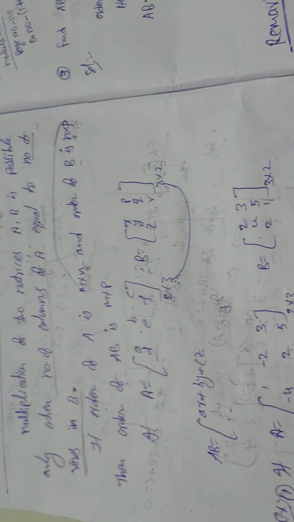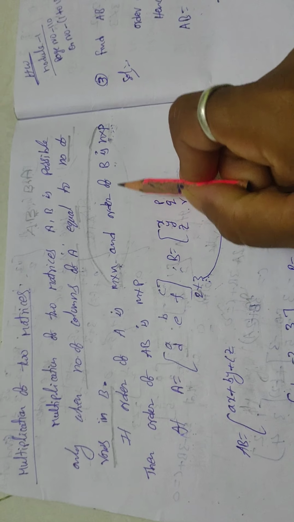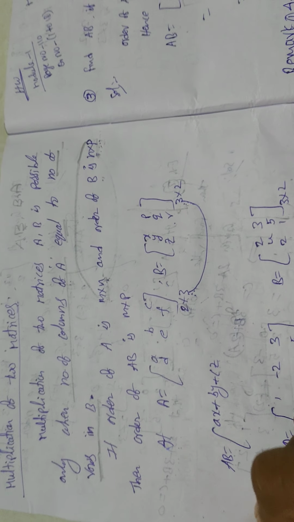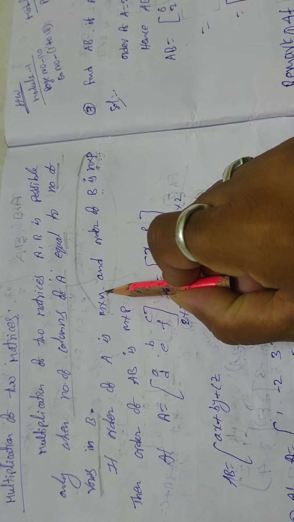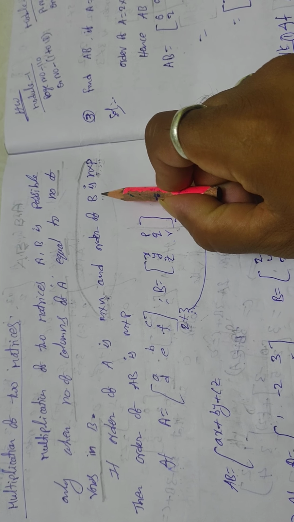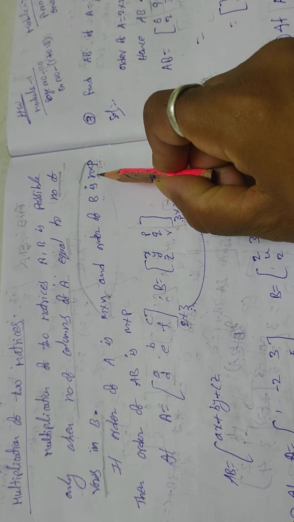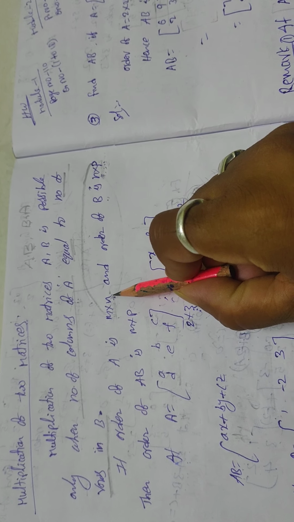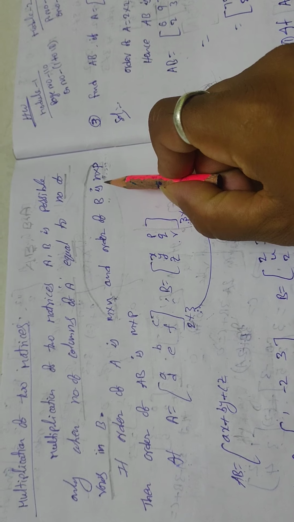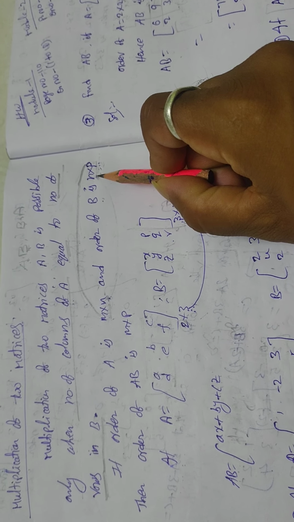I will explain. See here, if the order of A is m by n and the order of B is n by p, the number of columns in the first matrix A is equal to n, and the number of rows in the second matrix B is n.